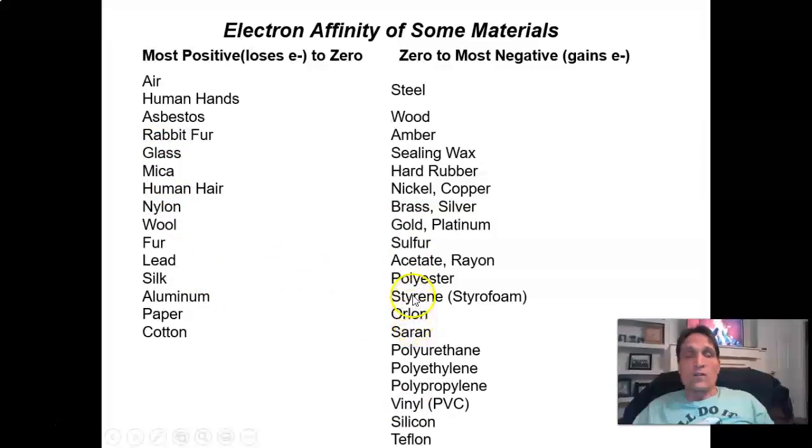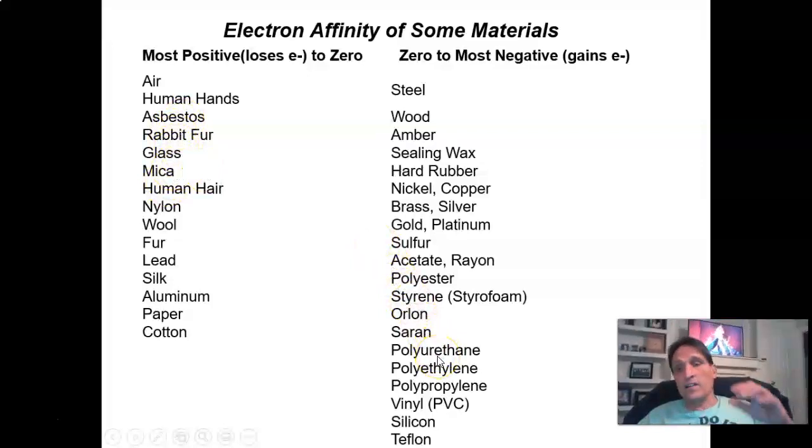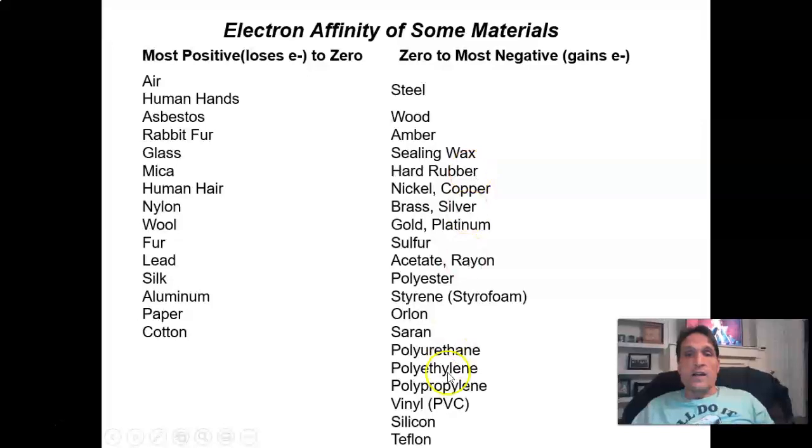So the balloon, it's rubber or latex. The balloon is going to acquire electrons and become negatively charged, and the hair is going to become positively charged. Okay, so the balloon will become negatively charged when we rub it with our hair.